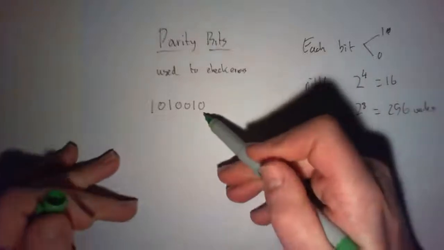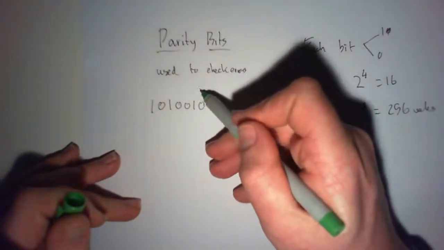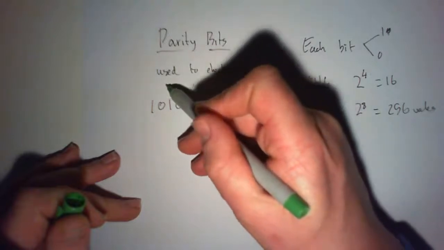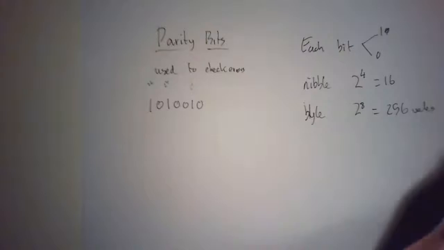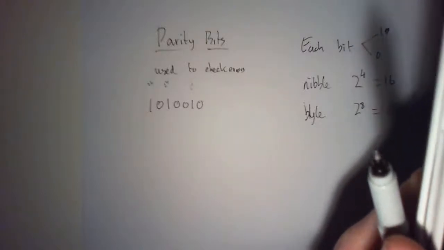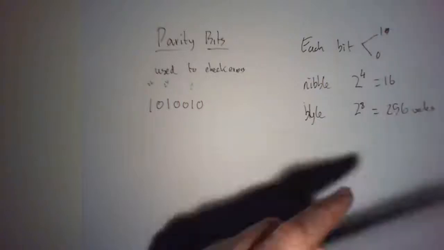Now you could work it out. That's 2 to the 1, 2 to the 4, 2 to the 6. So that's 2 plus 16 plus 64, so 82.